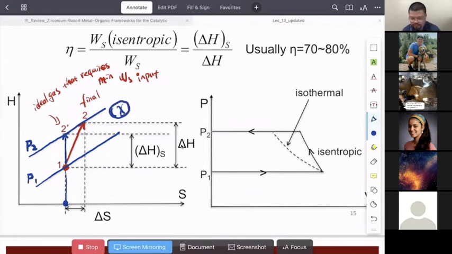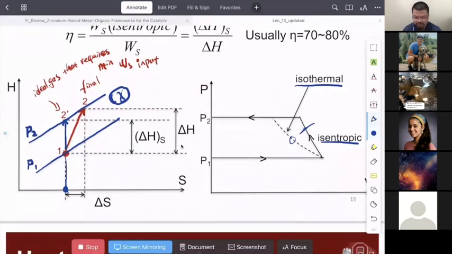Okay. And then on the other side, I do want to review slightly that we have the isothermal process, the isentropic process. So don't feel confused on the two processes. We should have two different curves when we are looking at the isothermal or isentropic process.